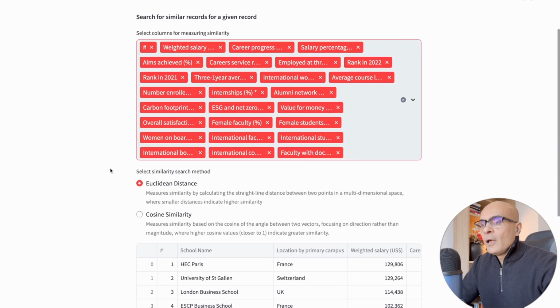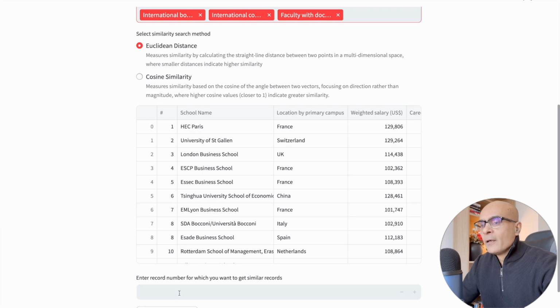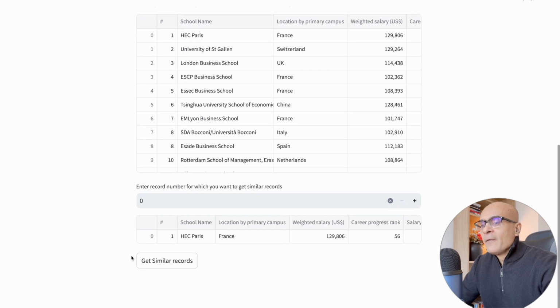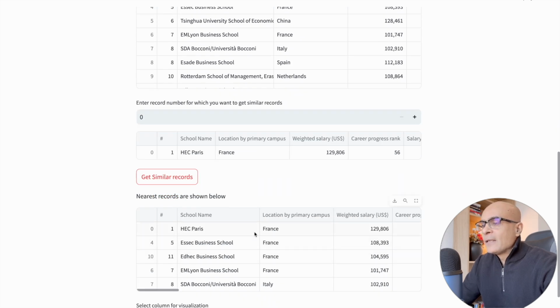So first of all, I'm going to select the Euclidean distance, and I'm going to enter the record number 0, which corresponds to HEC Paris, and let us find which are the similar schools to HEC Paris based on Euclidean distance. And here I see different schools which have been listed over here, and most of them are from France.